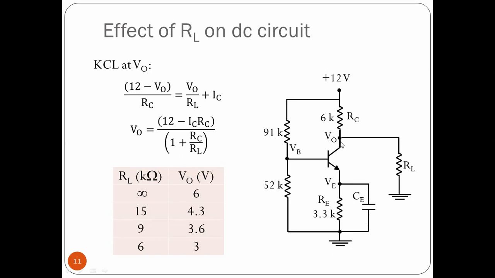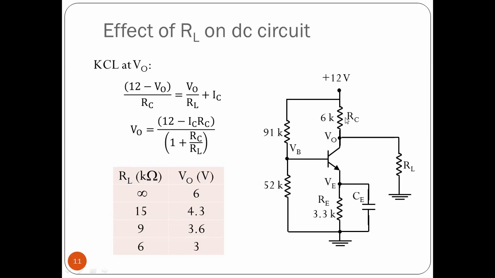For now, we'll assume that IC is a constant, which is true if the transistor stays in the active mode, because then the collector current depends only on the base current. It is beta times the base current, and the base current does not depend on RL at all. So as long as the transistor stays in the active mode, IC can be assumed to be constant. We solve this equation and get an expression for VO: VO is (12 minus IC RC) divided by (1 plus RC by RL).